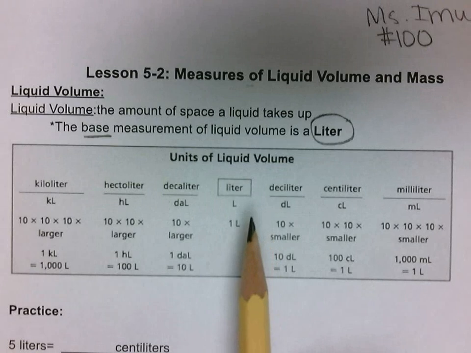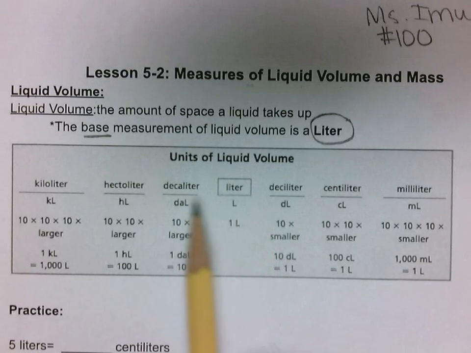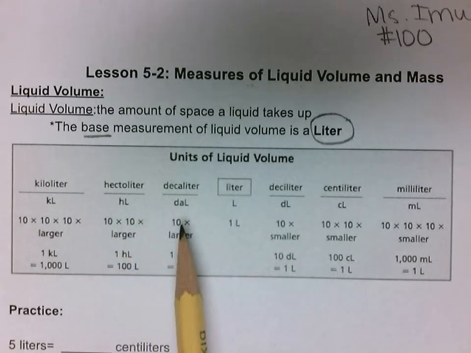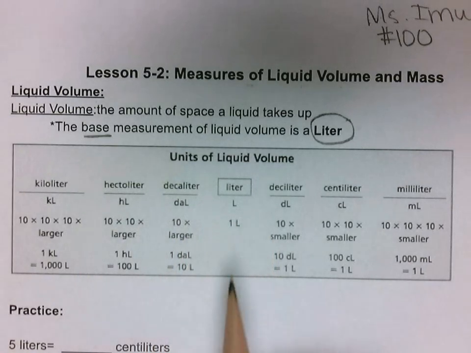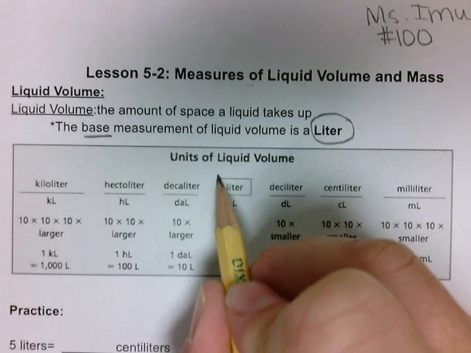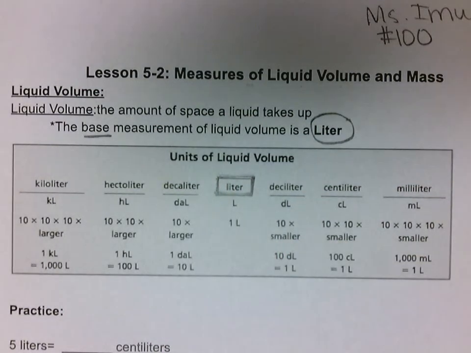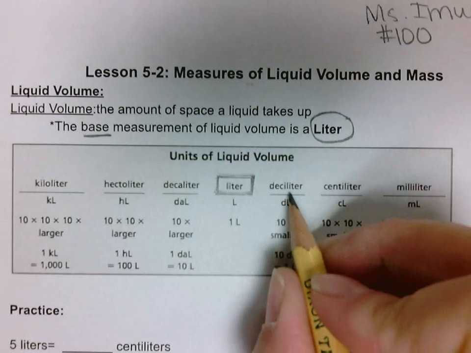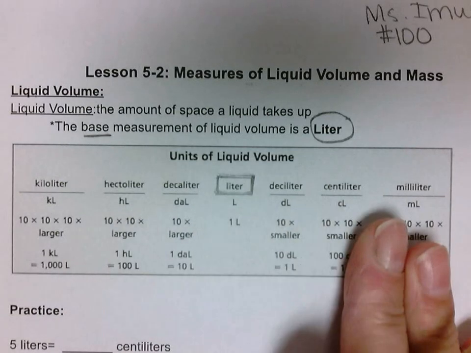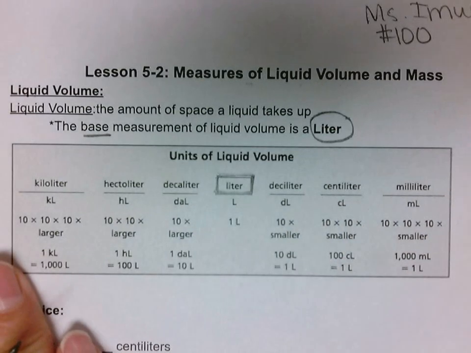And I want you to first notice that every single measurement on this chart has its base measurement in the word, right? And we can see here the base measurement starts in the middle that has that box around it. The liter is that base measurement. I want you to go through and notice every time the measurement to the right and to the left has liter in it.